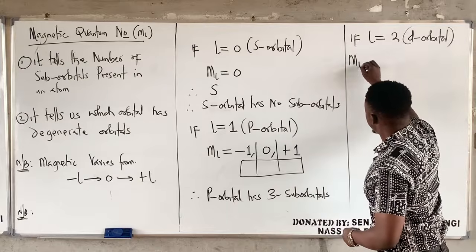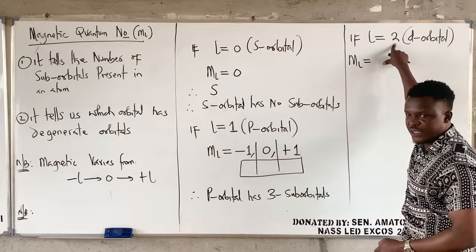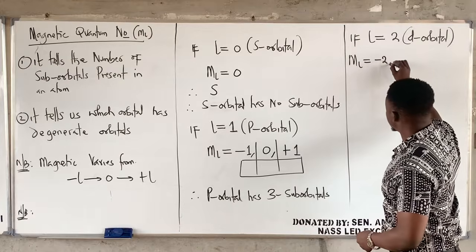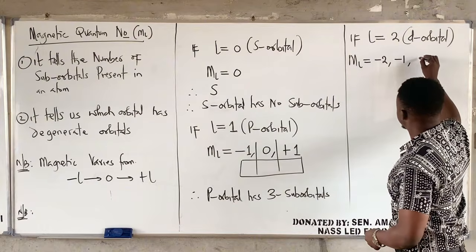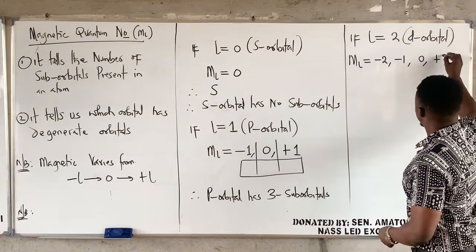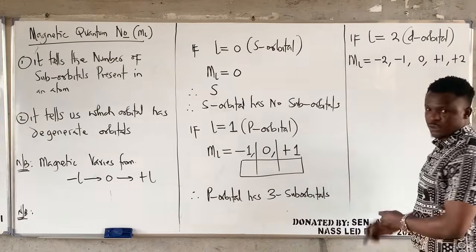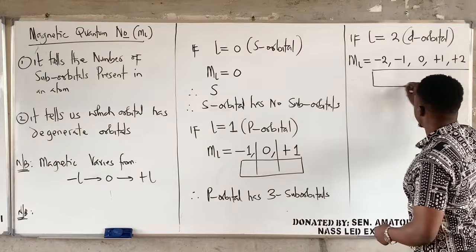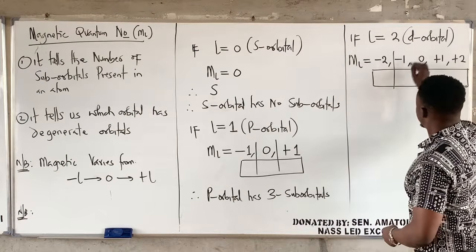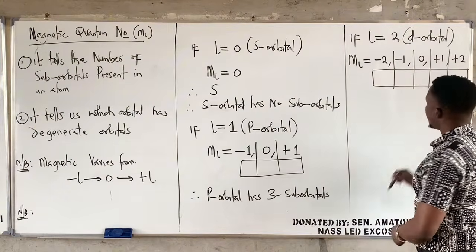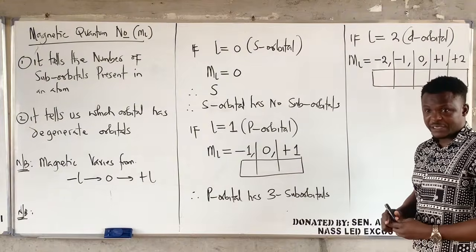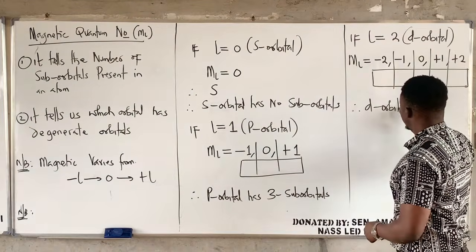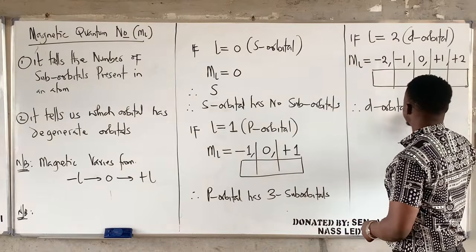ML will start from the negative of this to the positive. So we'll have minus 2, minus 1, 0, plus 1, and what? Plus 2. Now count these numbers. How many numbers can you see there? 5, right? So therefore, D orbital has 5.